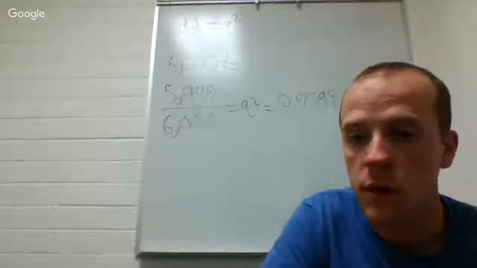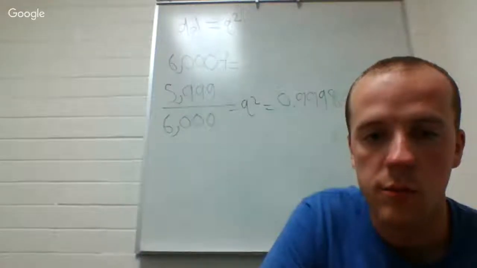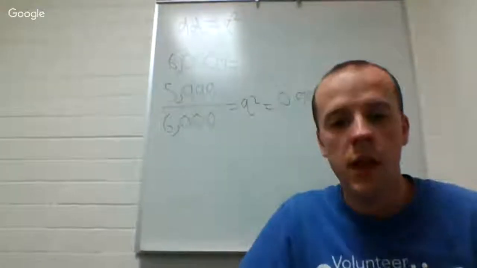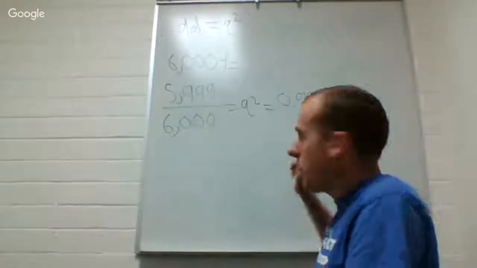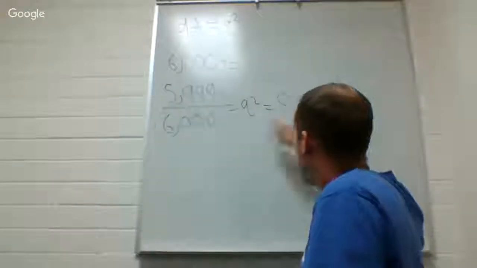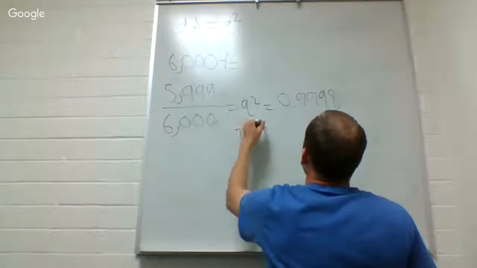Now, the next one for part B, what is the frequency of the Marfan syndrome allele in the human population? So to get this one, the first thing we have to do is to take the square root of this to get Q. So we square root both sides.